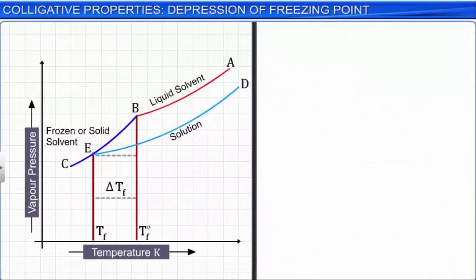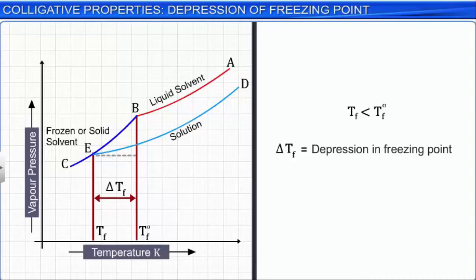As can be seen, Tf is lower than Tf0. Therefore, the difference ΔTf is called the depression in freezing point and can be written as ΔTf is equal to Tf0 minus Tf.